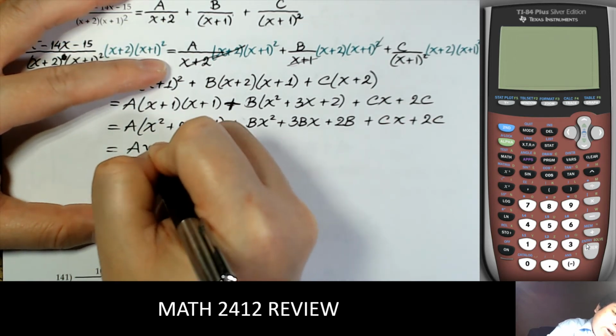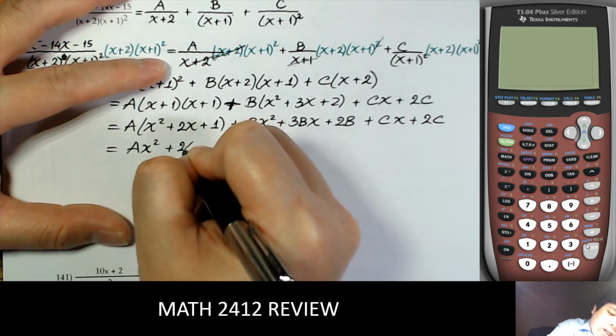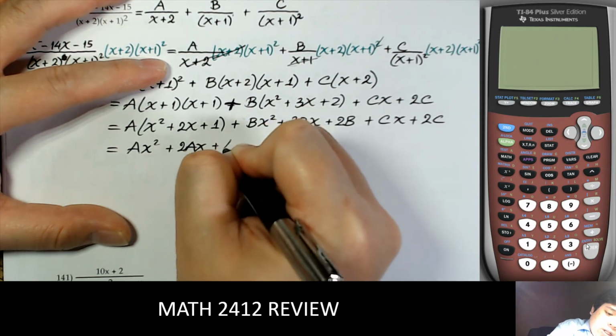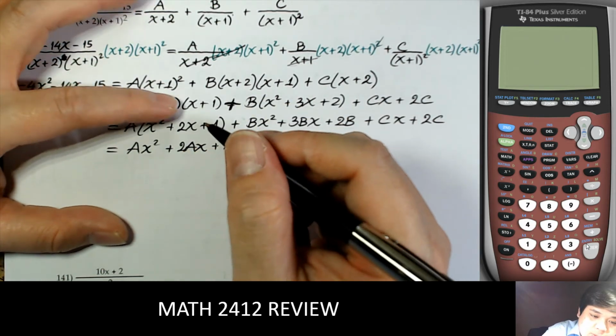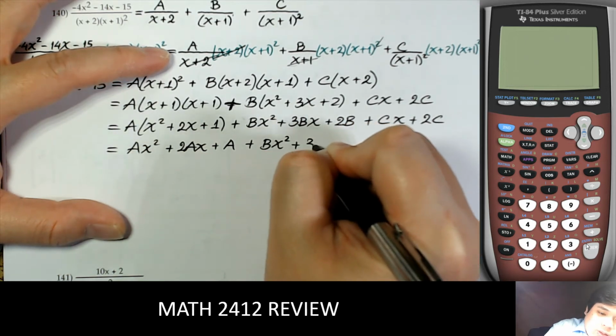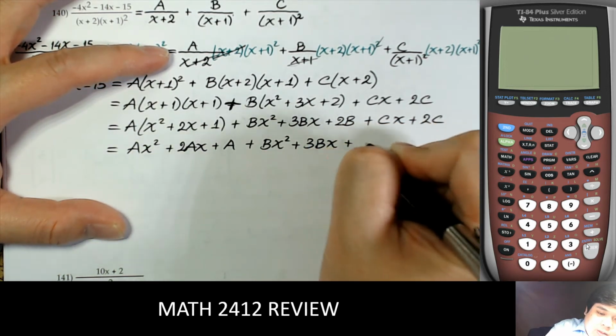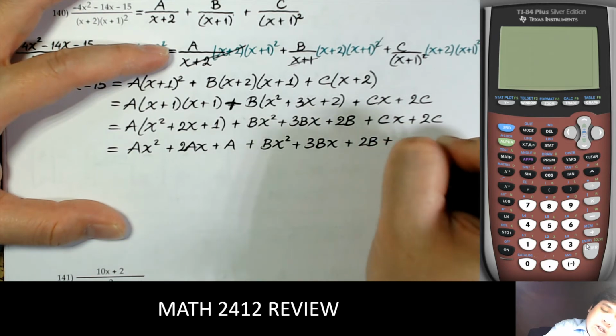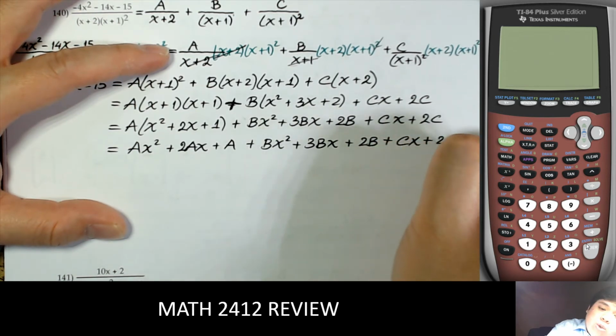So ax squared plus 2ax plus a plus bx squared plus 3bx plus 2b plus cx plus 2c.